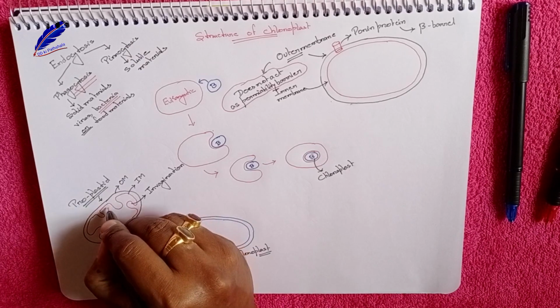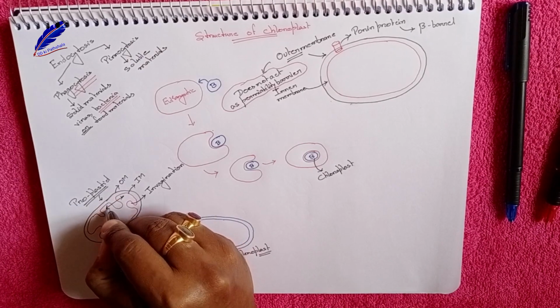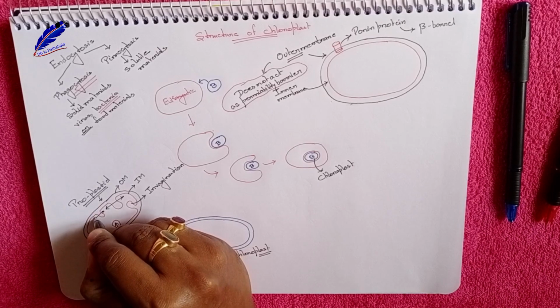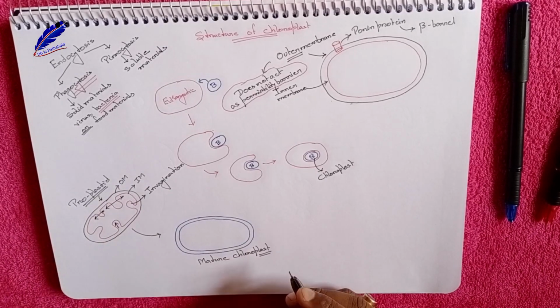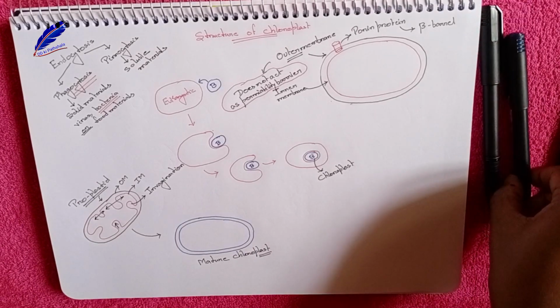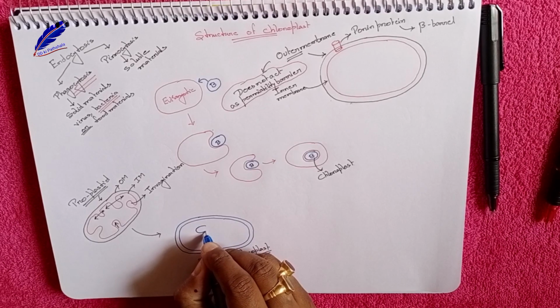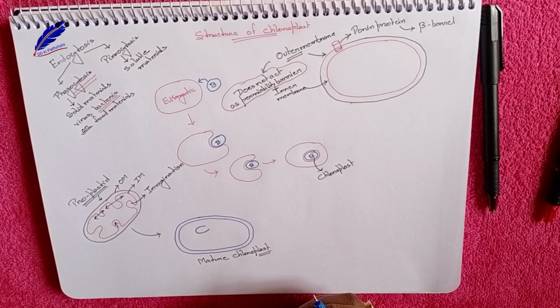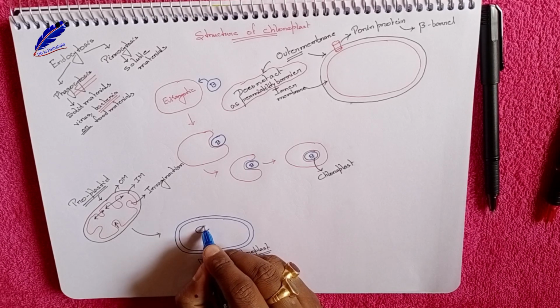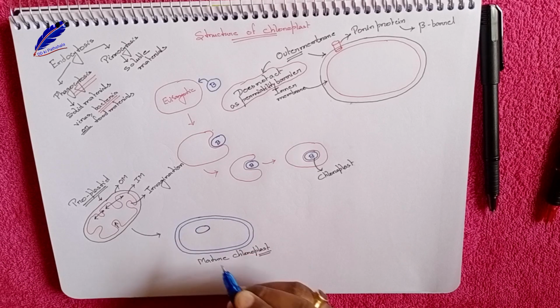Splicing of these invaginations takes place. These invaginations are being cut down by the enzymatic activity, and they enter into the matrix of the lumen. Suppose this is the invagination and it has been cut down. And due to the hydrophobic activity, the ends are being joined up.